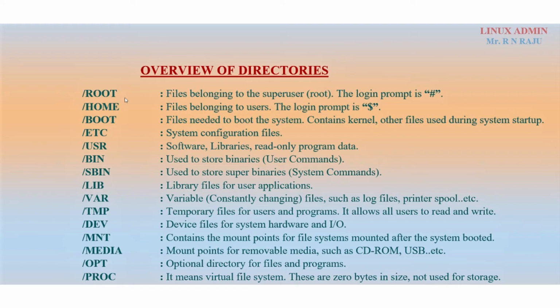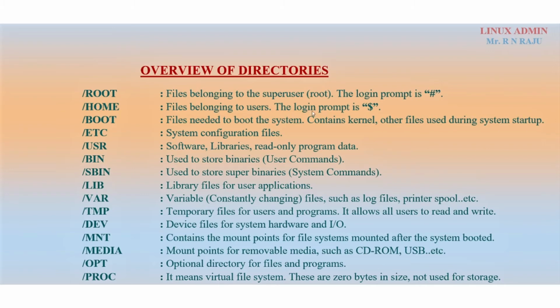But who is the administrator in Linux? By default, the root user is the administrator. The root user login prompt is hash. And the second one is the home directory. It holds files belonging to users, which means it is the default home directory for a normal user.